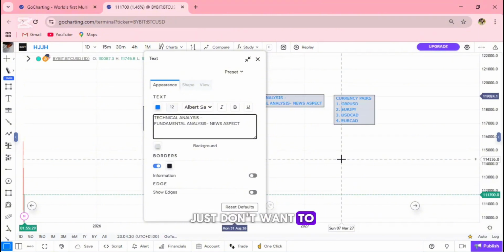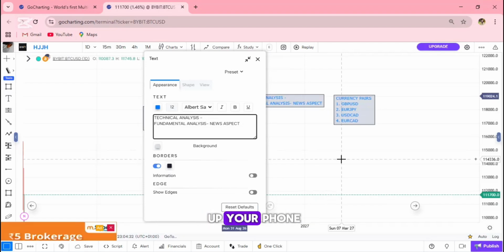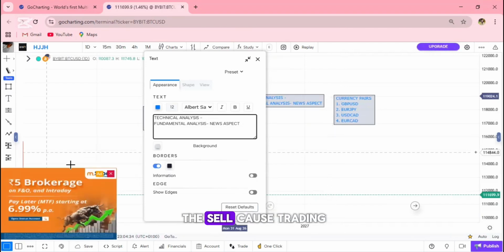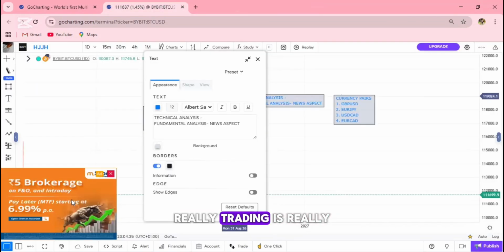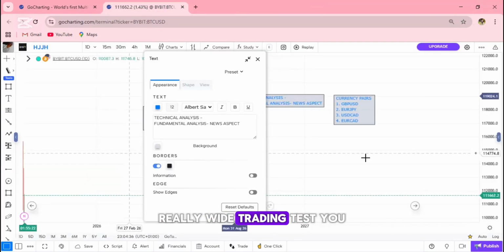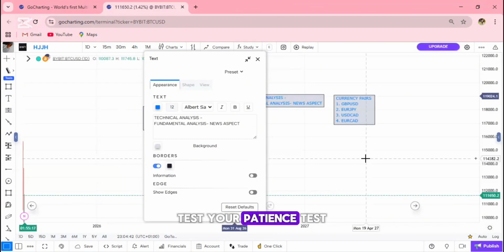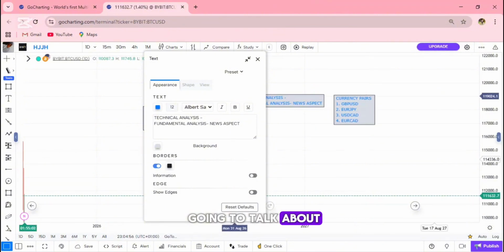Don't believe that you can just pick up your phone, press the buy, press the sell, because trading is really wide. Trading tests your patience, your emotion, and so many things about you. It's just a reflection of who you are when it comes to money management, risk management, and so many things like that that we are still going to talk about on this channel.